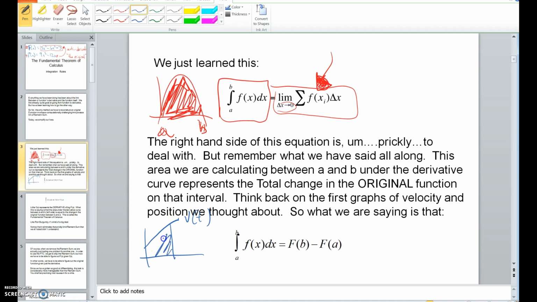If we find the area underneath the velocity function, that tells us the net change in position, being the antiderivative of velocity.